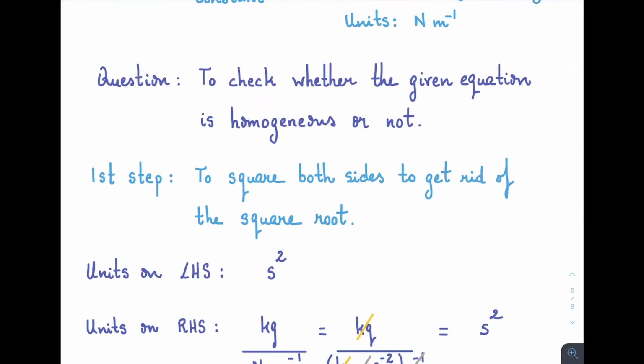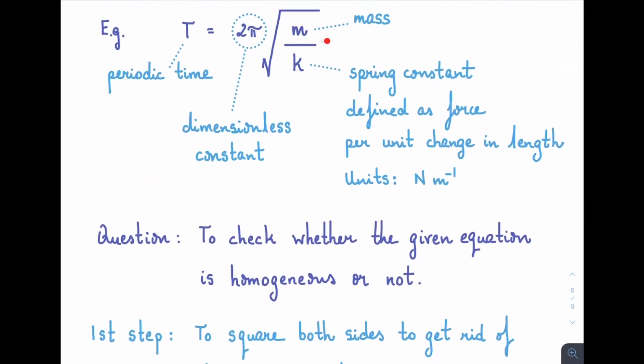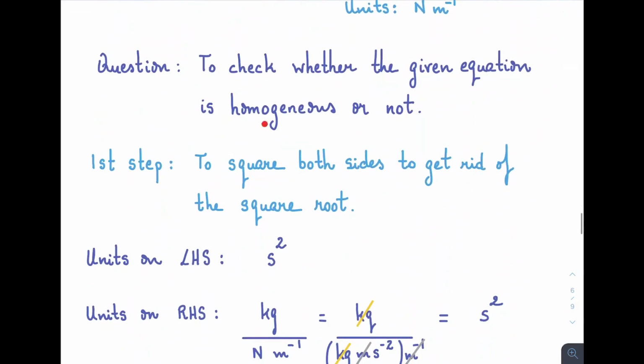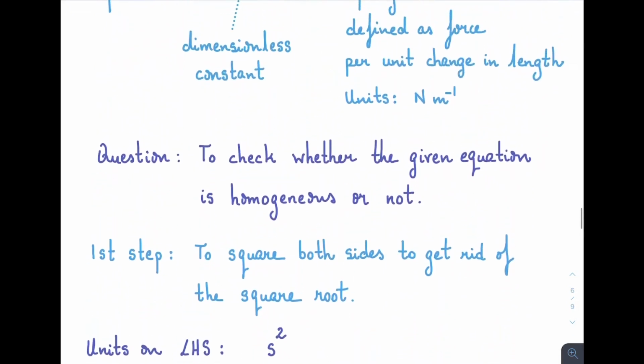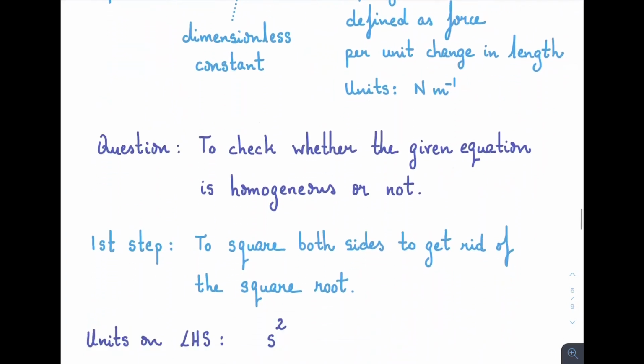Now let's check whether the units on the right-hand side will be the same. In the numerator, we have the mass, which is in kilograms. In the denominator, we are given the units of k, newton per meter.